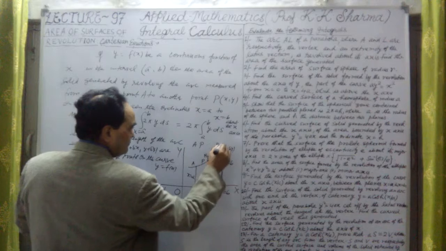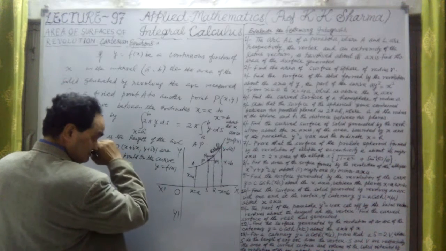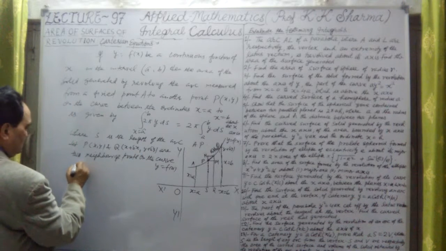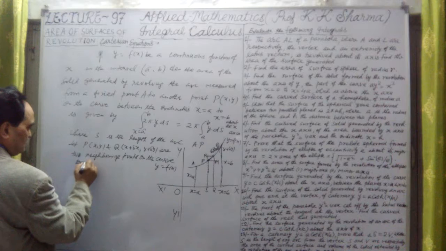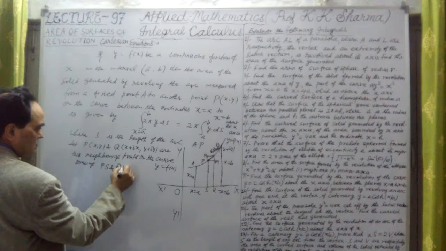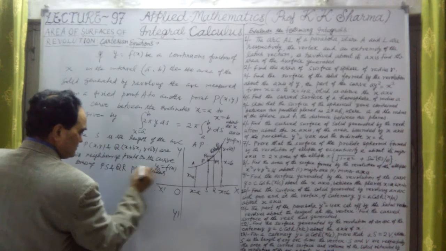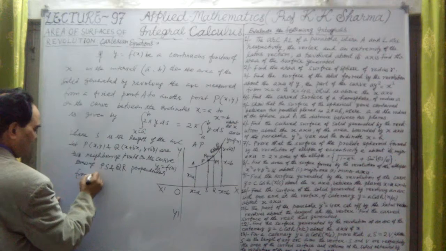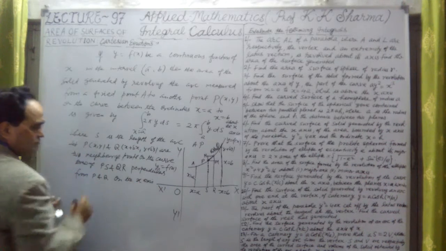This is the curve y equal to f(x), and I have taken these two neighboring points on it. Perpendiculars PS and QR are drawn from P and Q on the x-axis.